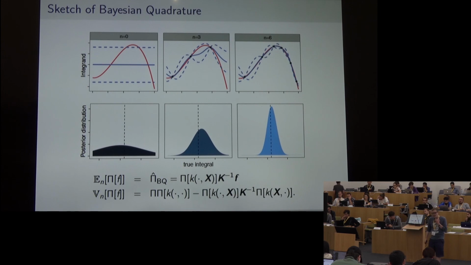Now, in the second part of this lecture, I will talk about probabilistic methods where the required integrals cannot be obtained analytically, and how we can still construct probabilistic integration schemes.